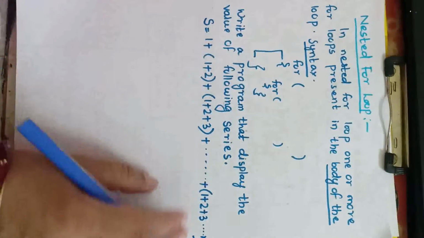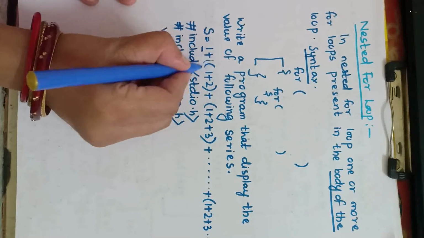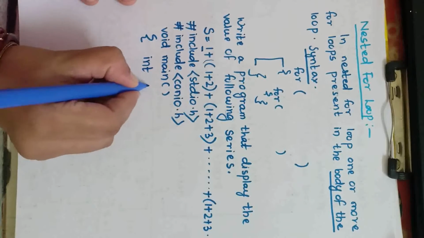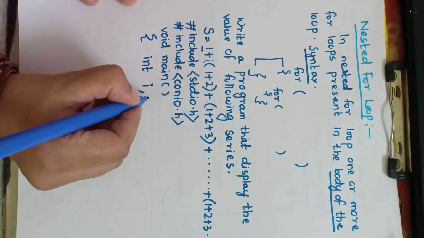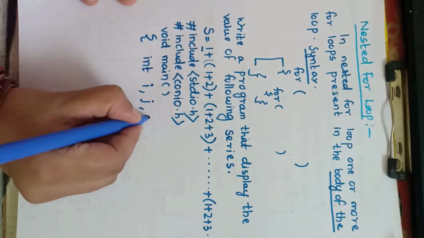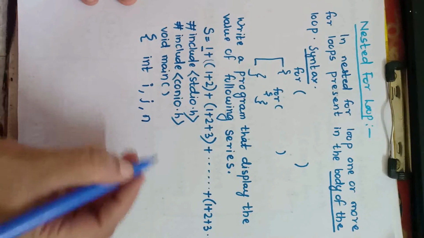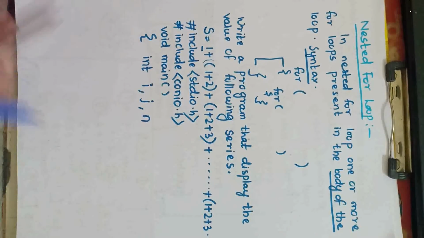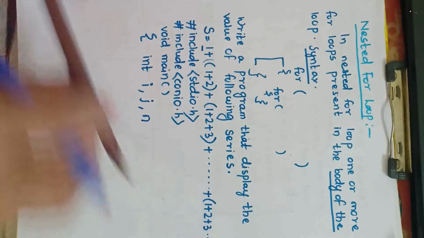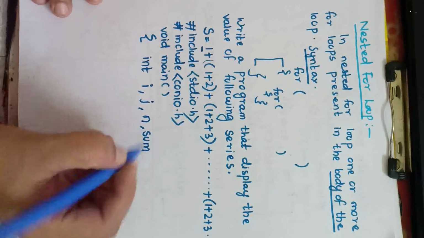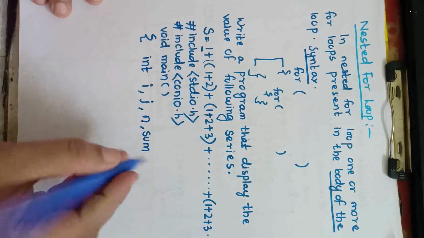So we have to calculate the sum of these numbers. I use variables: i for one loop, j for the other loop, and n, the value of n here. Next is another variable, sum, for calculating the sum of all these numbers.